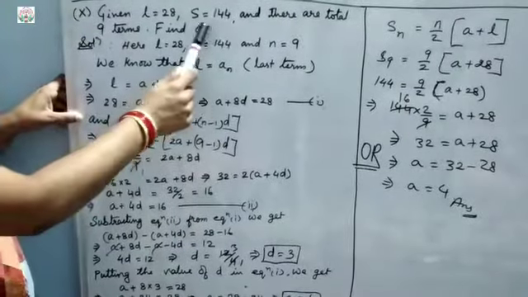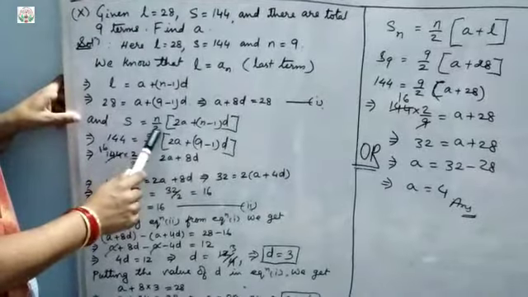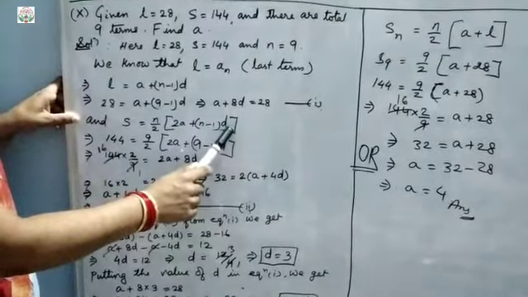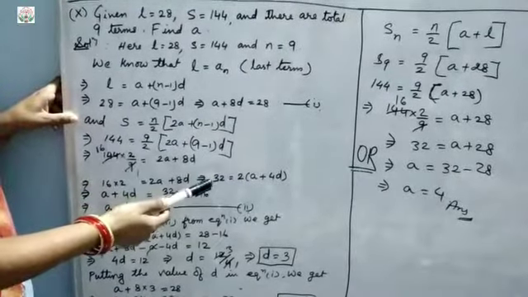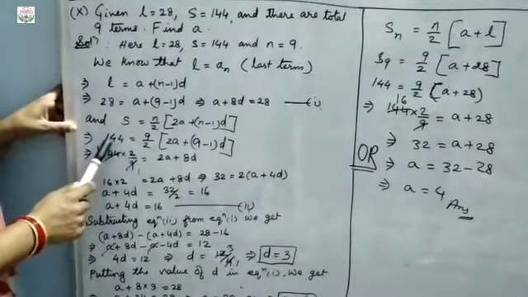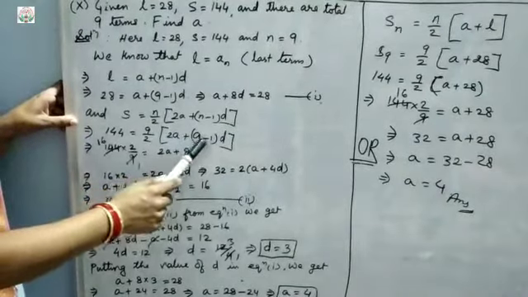Then what else is given? Sum of 9 terms, that is S equals n upon 2 into 2a plus n minus 1 into d. Sum of n terms, we know the formula. Now here in place of n we will write 9. This value is given as S is 144. So 144 equals 9 upon 2 into 2a plus 9 minus 1 into d.